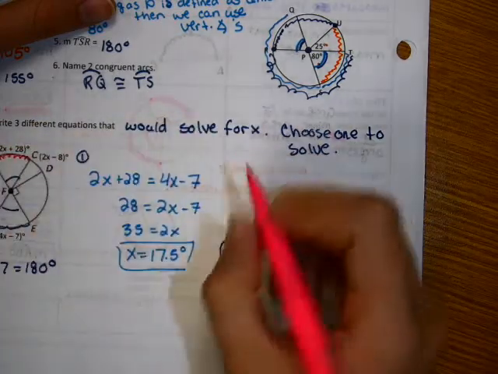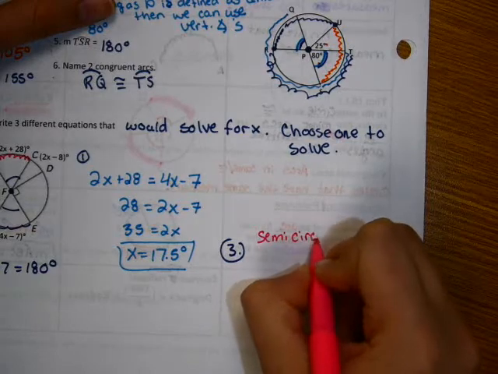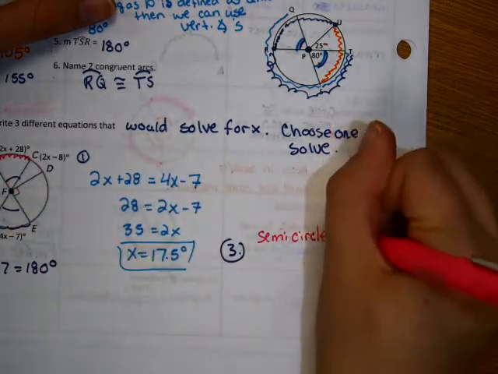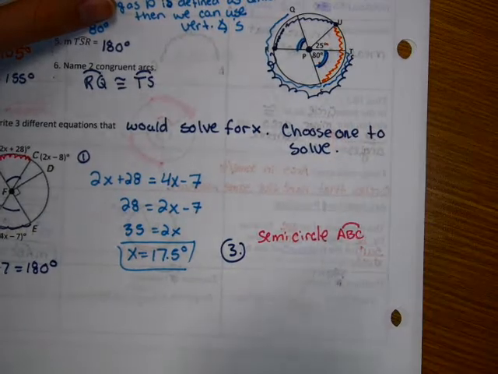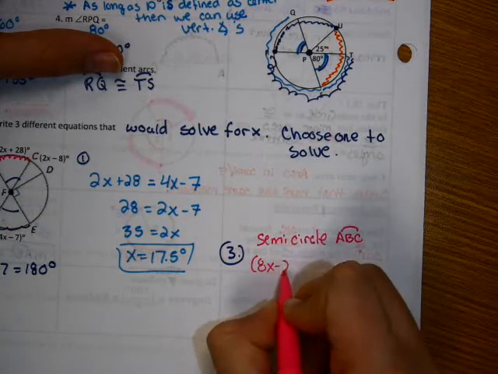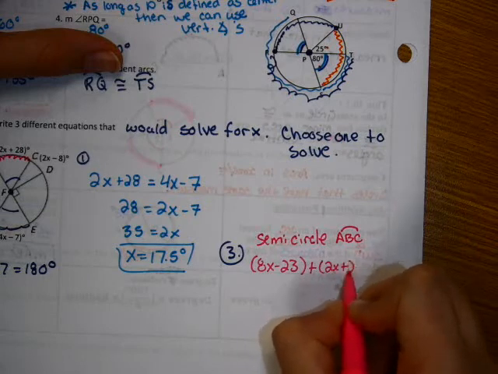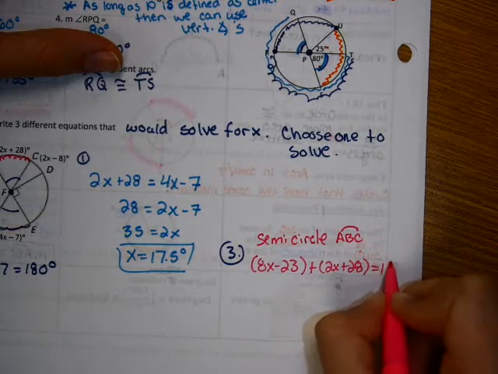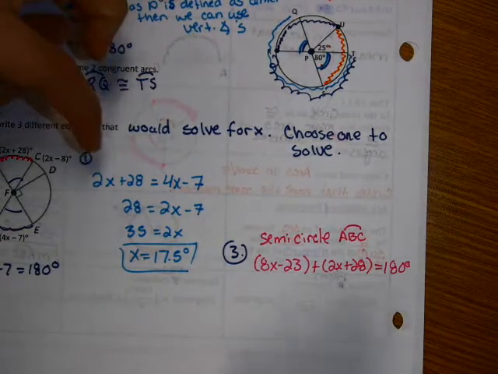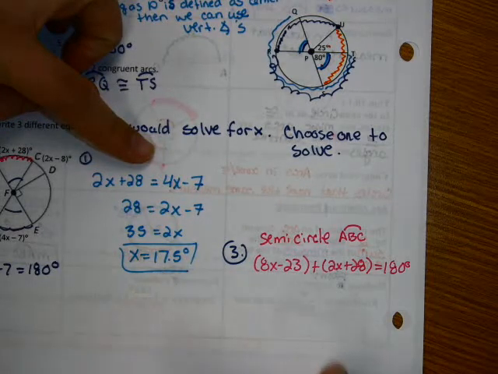So I can use semicircle ABC, where I'll take 8x minus 23 plus 2x plus 28 and set that equal to 180. For practice, you can solve for all of them. They will all equal 17.5 degrees.